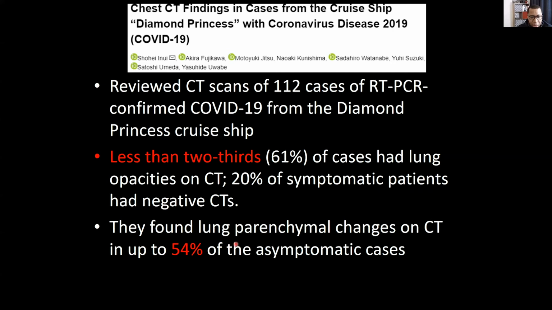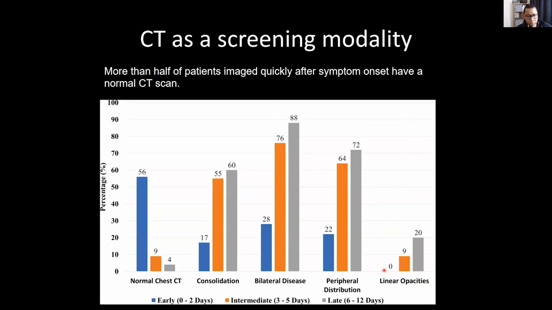They also found lung parenchymal changes on CT in up to 54%. So a little over half of asymptomatic cases had lung parenchymal changes on CT. So I think this study was one of the studies that started to change the narrative of the role of CT in COVID-19.